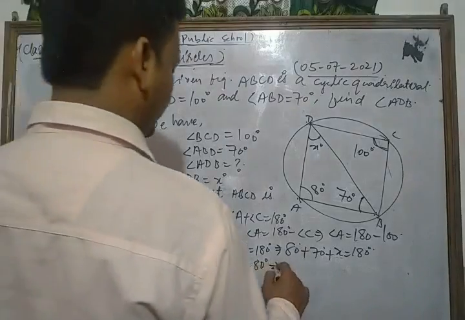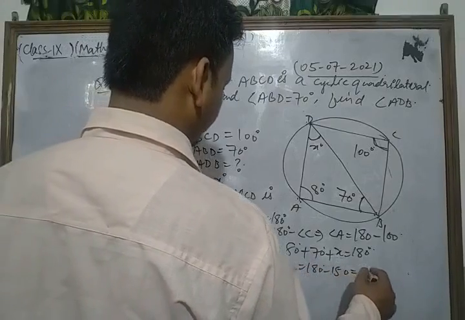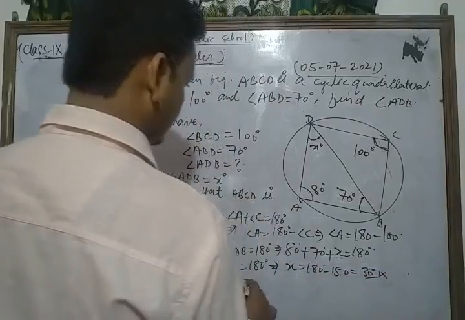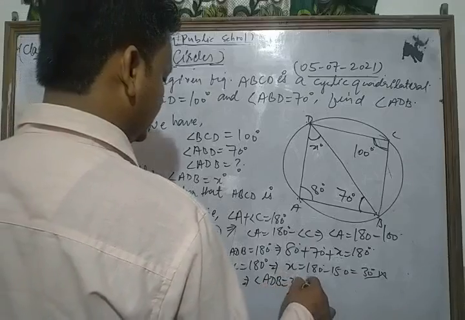Now the value of x is 180 minus 150, that is 30 degrees. Thus the value of angle ADB is 30 degrees. This is the required solution.